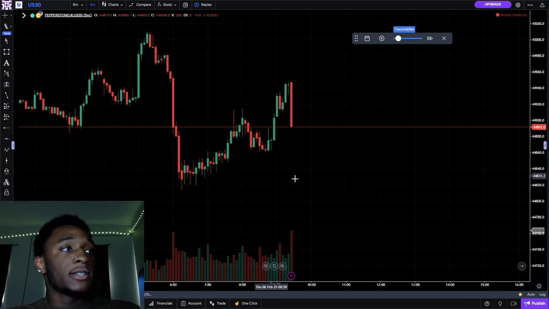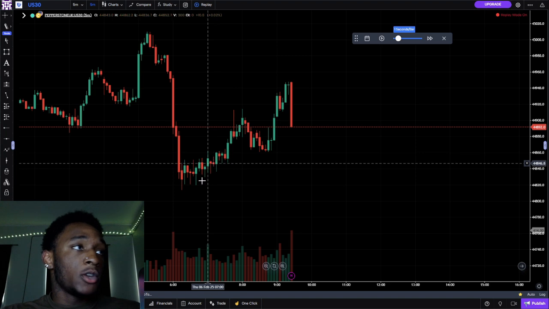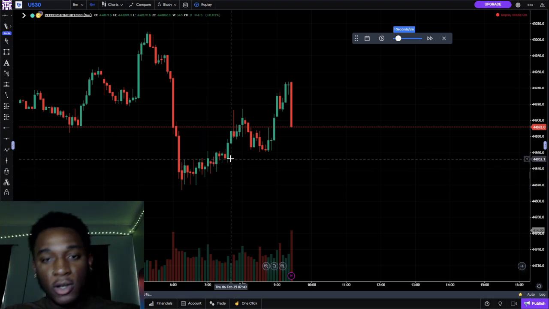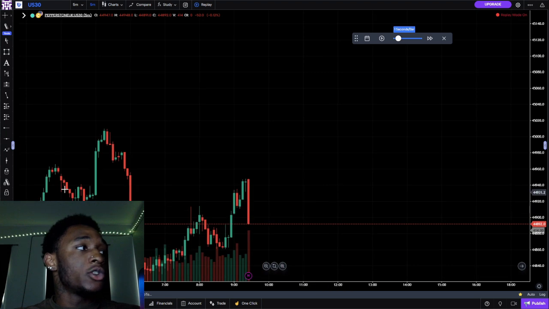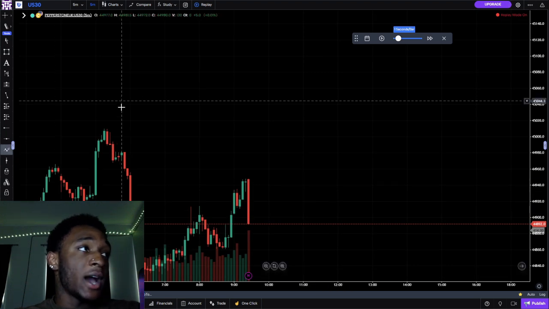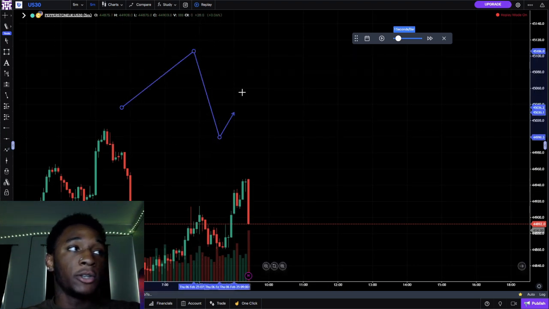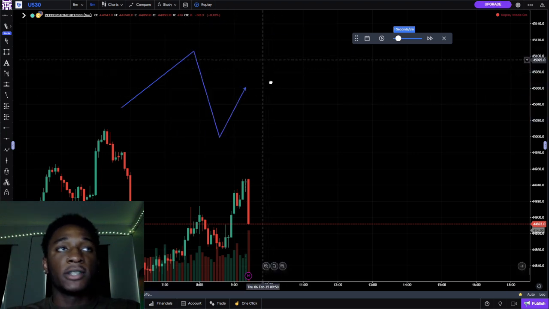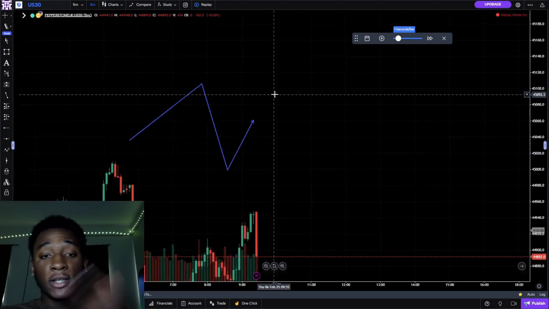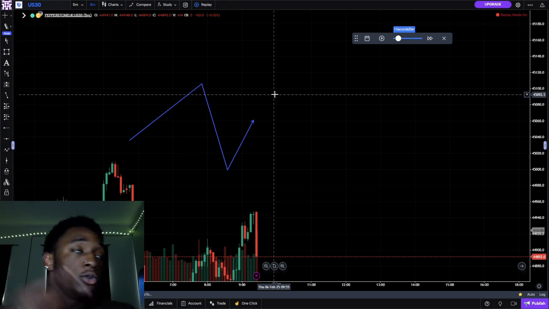All right, so as you guys can see right here on the screen, we're on the charts. And this strategy is pretty easy. All you want to see is basically a high and a low to be created before market open, right? So for example, you could be trading London session market open, New York session market open, Tokyo session market open, it doesn't matter.